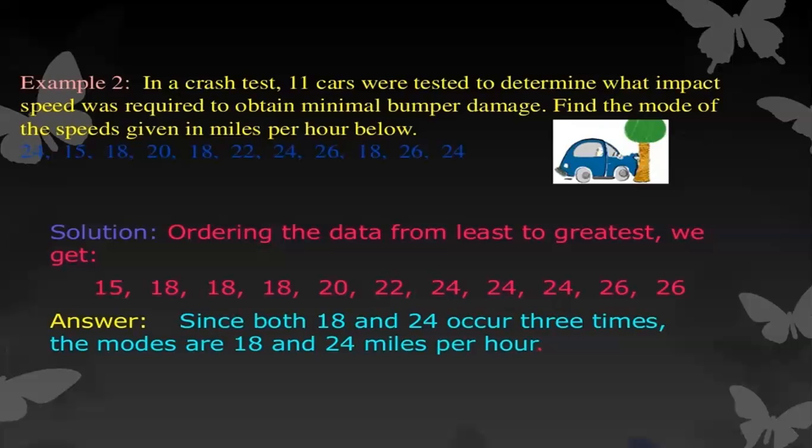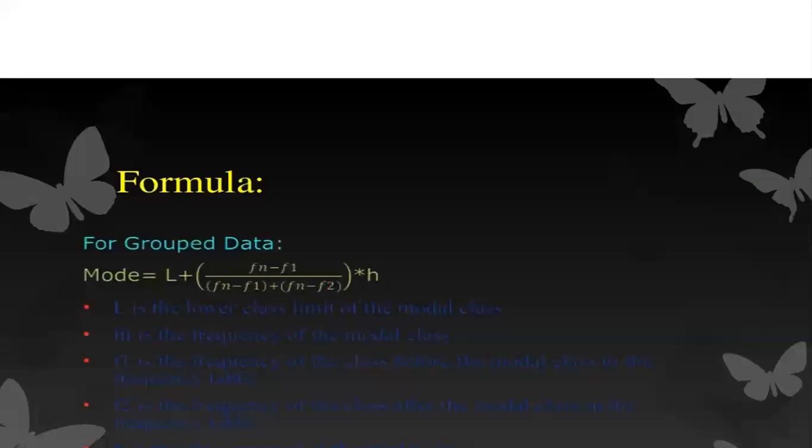Since both 18 and 24 are here, you can see 24 also comes three times, and then 26 comes two times. So you can see that 18 and 24 occur three times. The modes are 18 and 24. Like that we have to find out the mode with the help of observation.